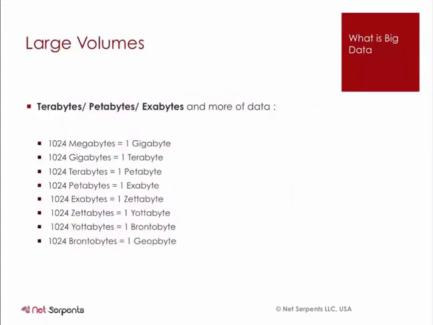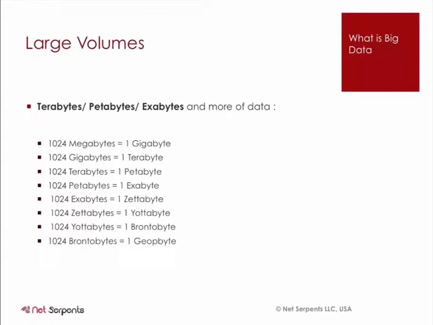When we talk about volumes of data, you might have already dealt with data that is a few kilobytes, megabytes, or even gigabytes or terabytes. Big data goes further. When you talk about big data, we are talking about terabytes of data at least.